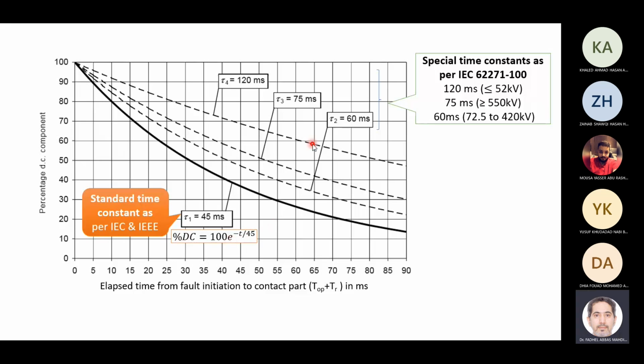In IEC, they specified other values: 120 milliseconds, 75 for circuit breakers rated less than 52 kV. They use 120 milliseconds. For more than 550, they go to 75 milliseconds and so forth. But both IEC and IEEE specified most of their breakers at 45 milliseconds.